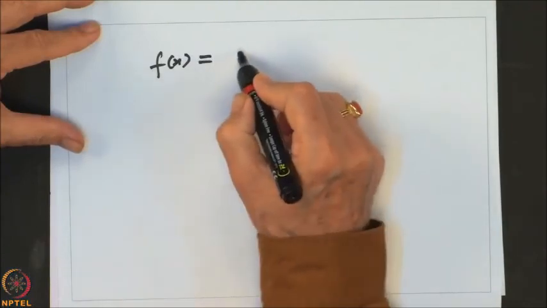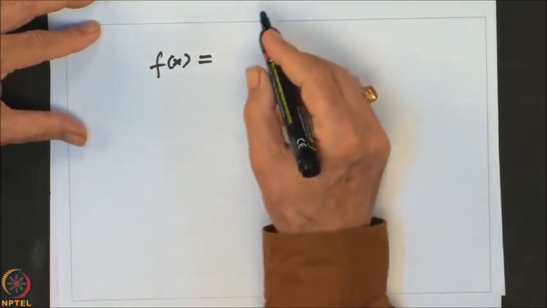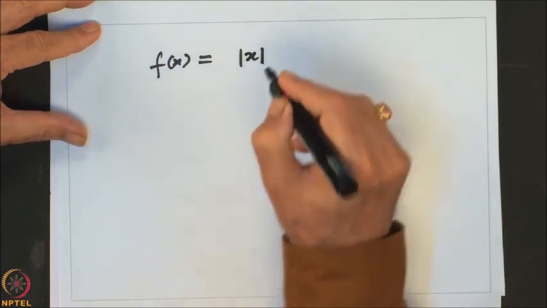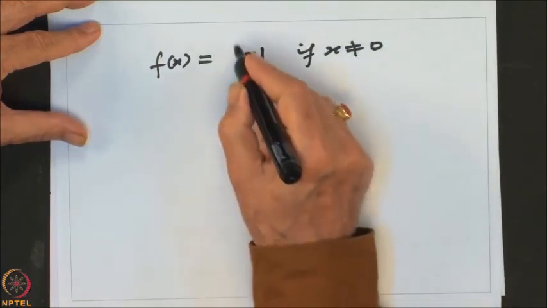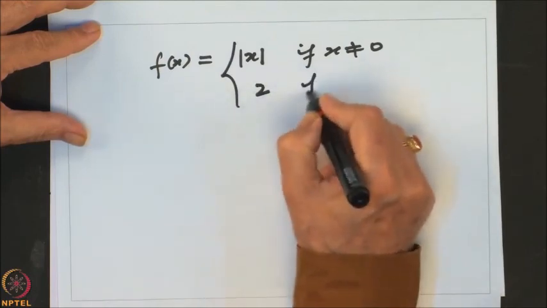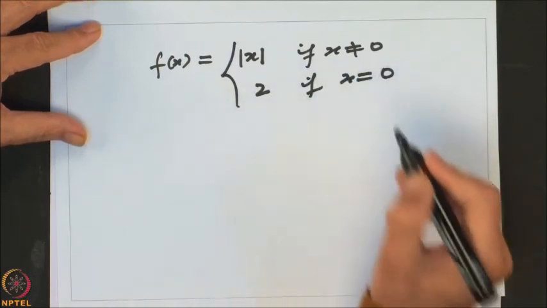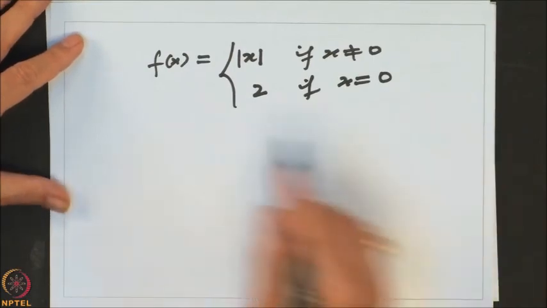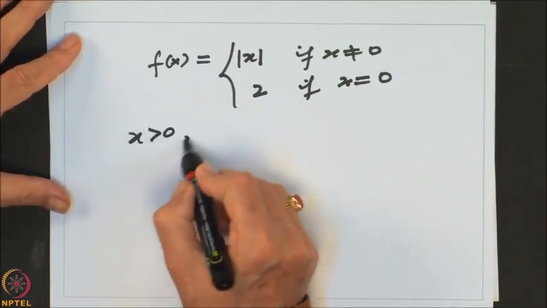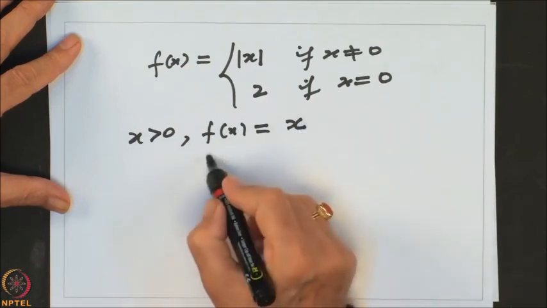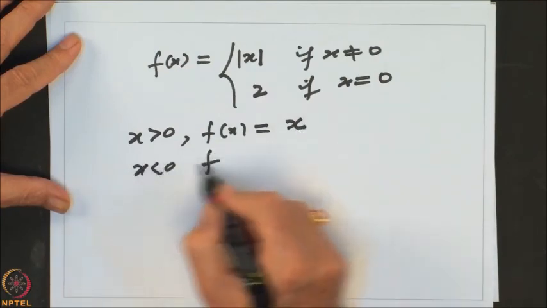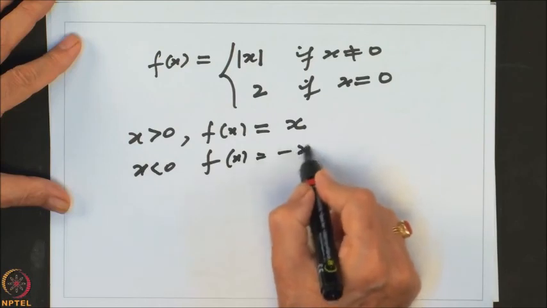So, let us look at f(x). This is a good example, we have not discussed this earlier. Let us look at mod x if x is not equal to 0, and equal to say 2 if x is equal to 0. Then for x bigger than 0, f(x) is equal to x, and for x less than 0, f(x) is equal to minus x.